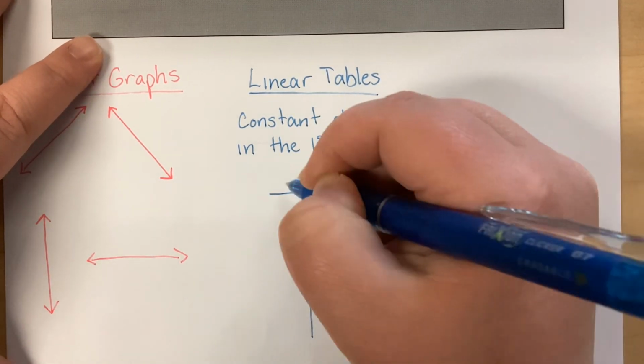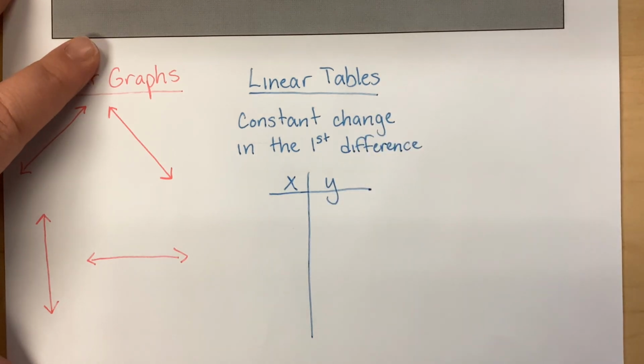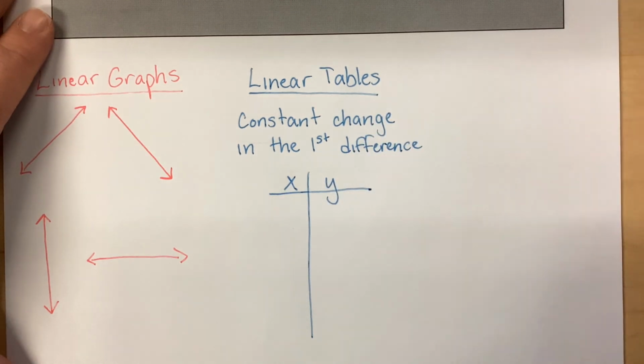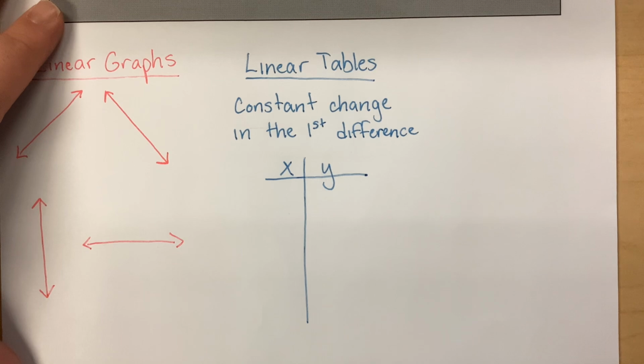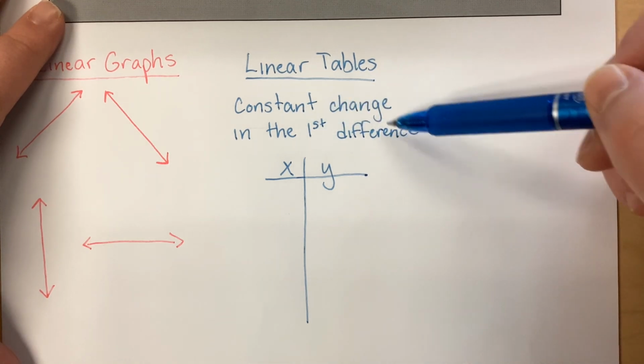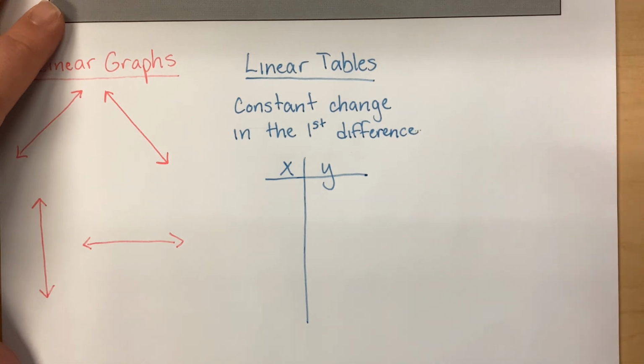We've always talked about how a linear table has a constant rate of change. But when we start talking about quadratics, it's important to understand that the constant change occurs in the first difference. Because when you get to a quadratic table, it still occurs, but it happens in the second difference.